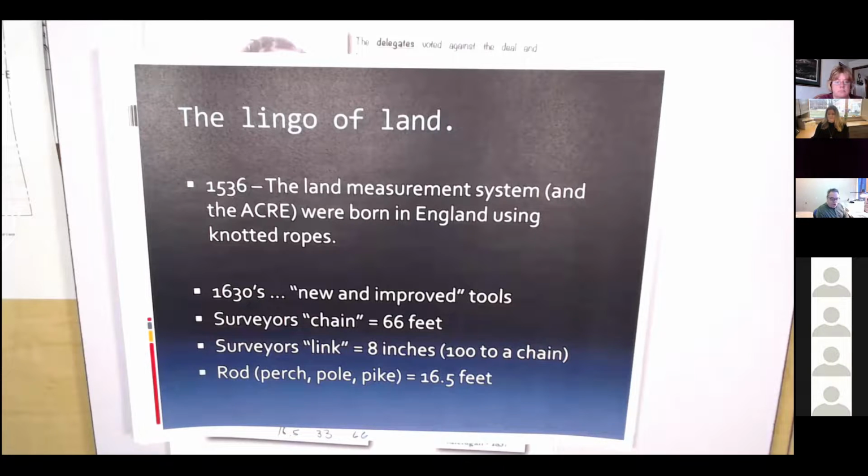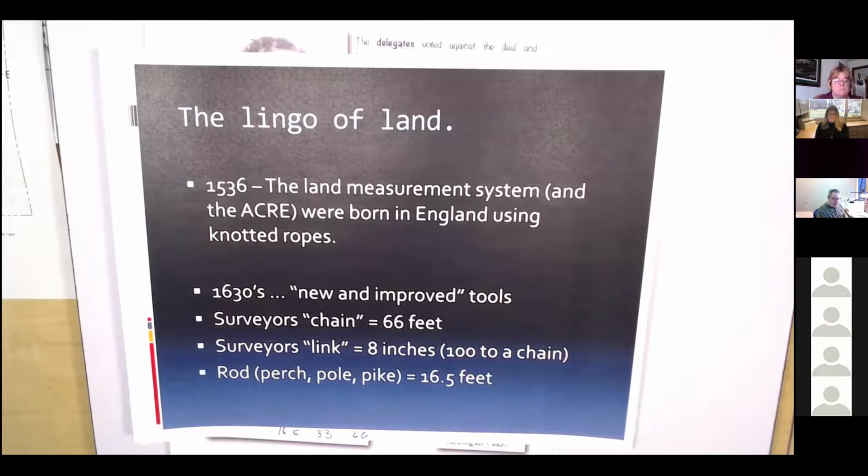And if you find an old surveyor's chain, you'll find that it's got 100 links, and each link is 8 inches long. Not a common thing, by the way, and they're awfully heavy. The other thing that they used back then as a unit of measurement was called a rod.